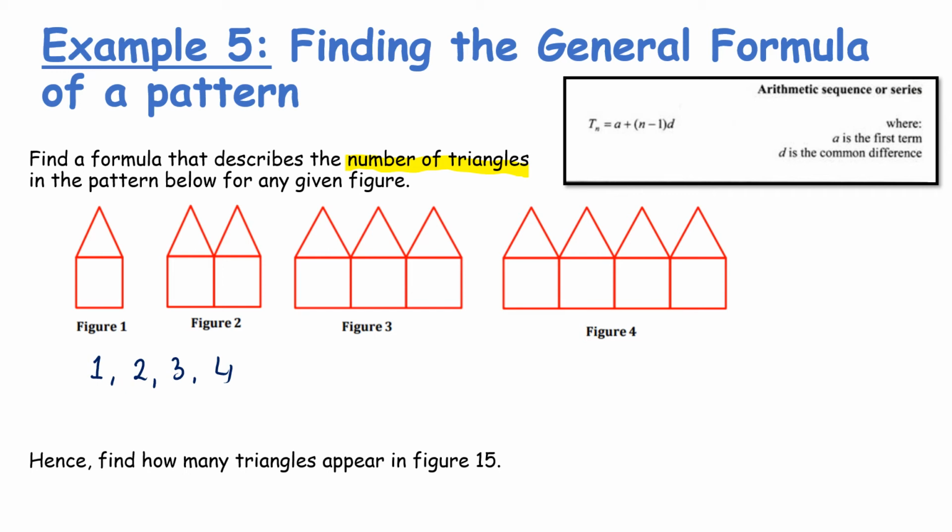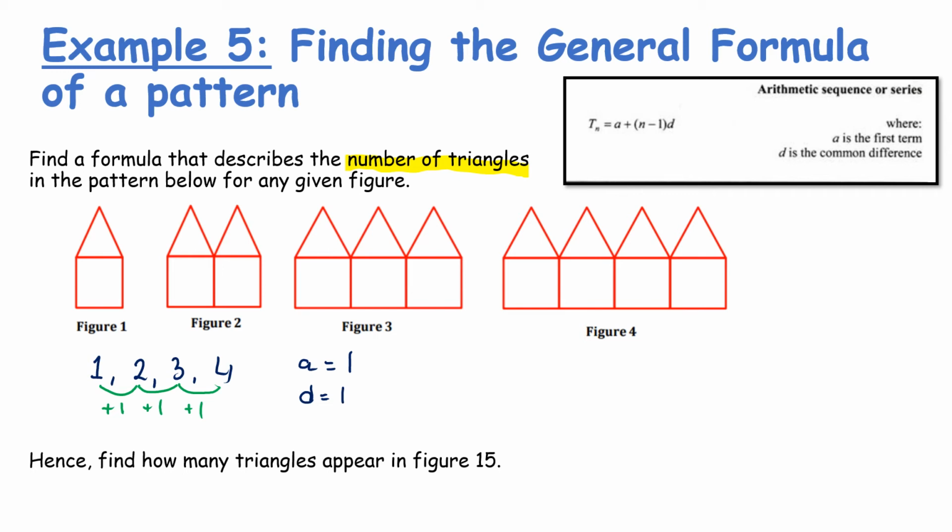So very straightforward. And we can very clearly see that our common difference here is +1. Now at this point you might be able to go, oh, I know exactly how to do this, and that's fine, but I'm going to work through the long way. So the first thing I do is identify my first term. I identify my common difference.